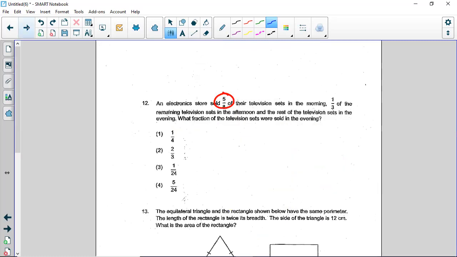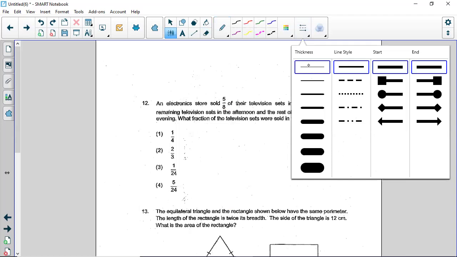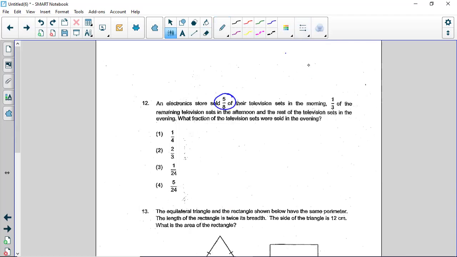Question 12, model drawing. Now, every time you see fractions, you always must ask, what are the fractions talking about? Like this is talking about what? The television sets. And this fraction is talking about what? The remainder television sets. So the 2 fractions are not talking about the same thing. So you cannot add them together. You cannot make the denominators the same.